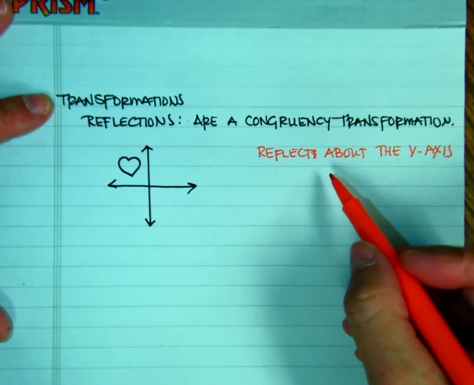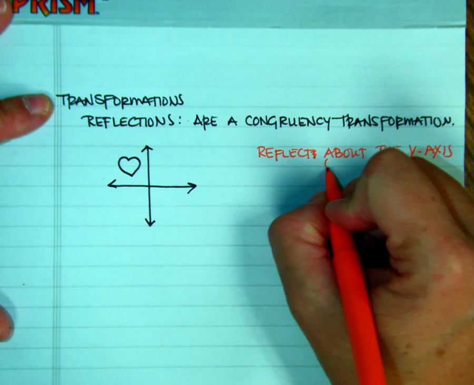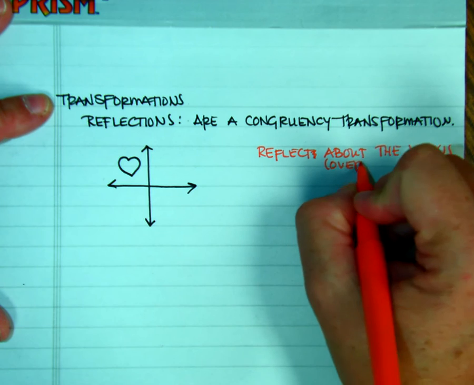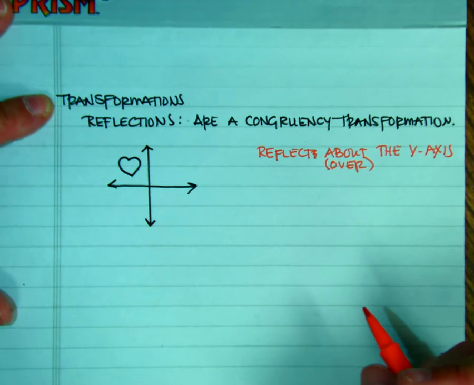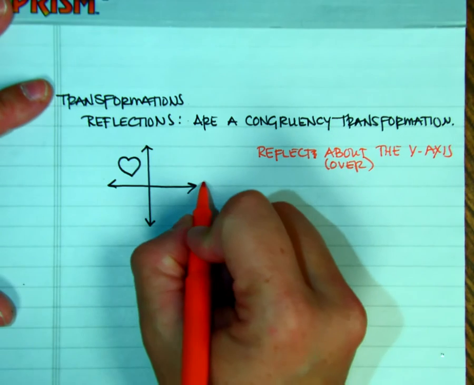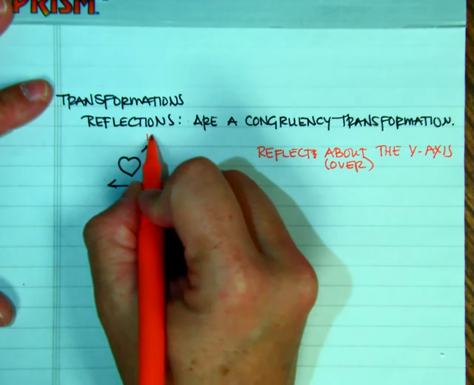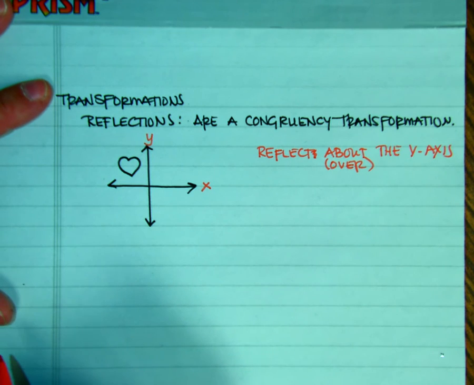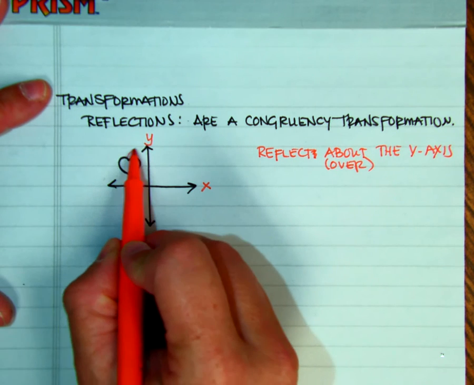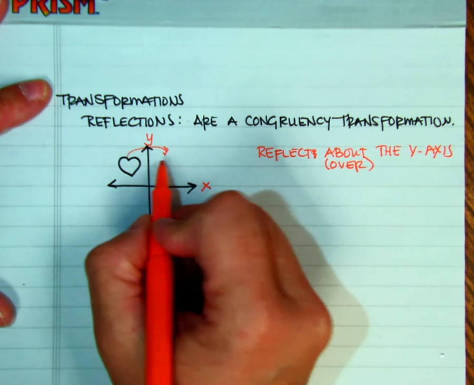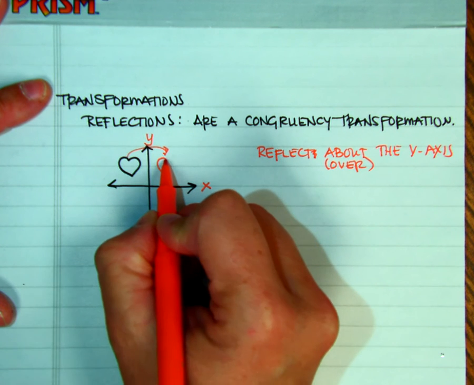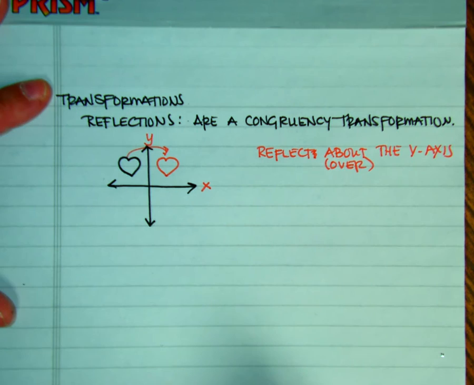Think about the word about as being the same thing as over. So I am going to reflect it over the y-axis. So if you remember, here's the x-axis and here's the y-axis. So if I reflect it about or over the y-axis, I'm going over the y-axis. And I'm going to explain some more specifics here in a bit. Okay?